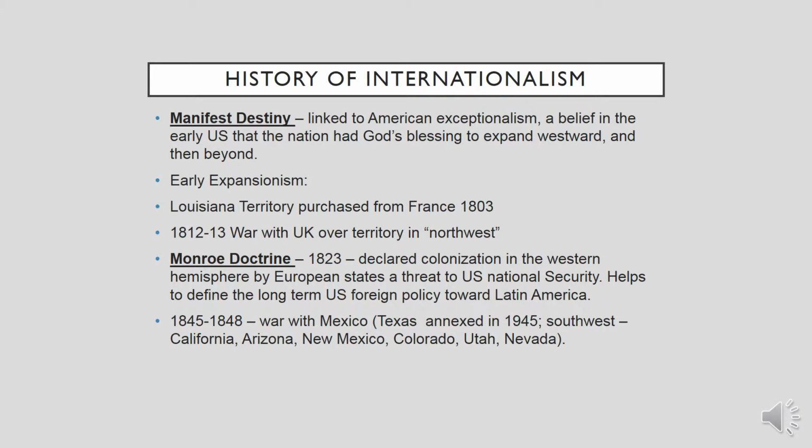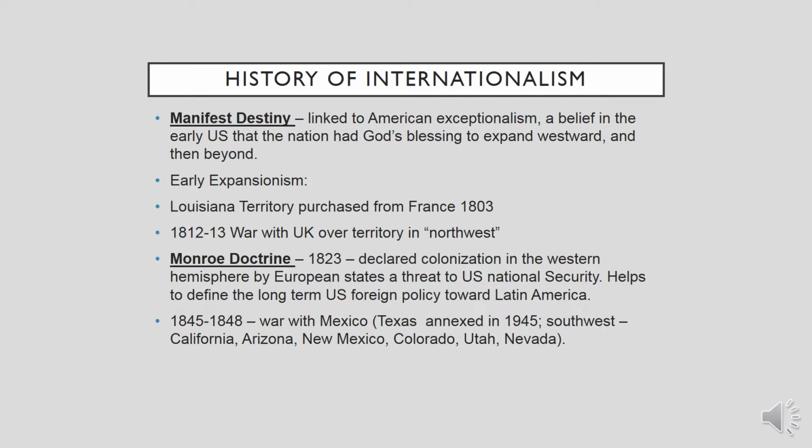And this sets up for a long time, and even today, our relationship with Latin American states. President James Monroe declared colonization in the Western Hemisphere by European nation states to be a threat to U.S. national security.